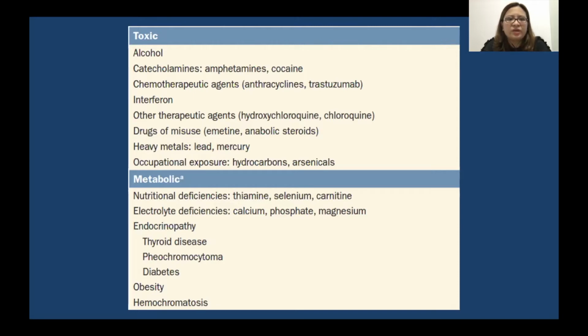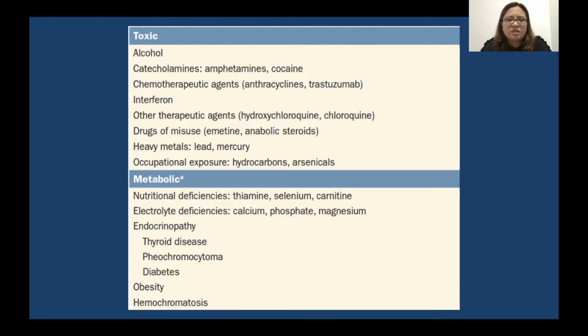Use of interferon and other therapeutic agents such as hydroxychloroquine and chloroquine can also cause dilated cardiomyopathy. Other causes are heavy metals such as lead and mercury and occupational exposure to hydrocarbons and arsenic.